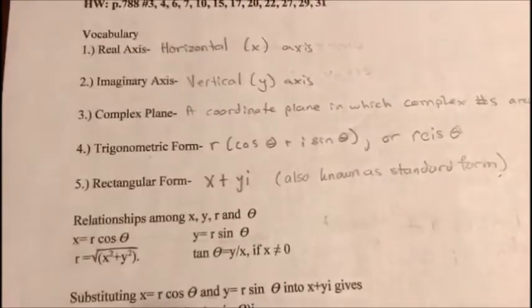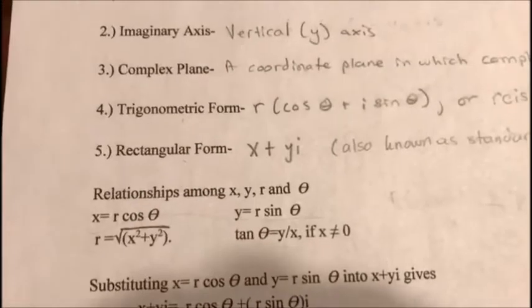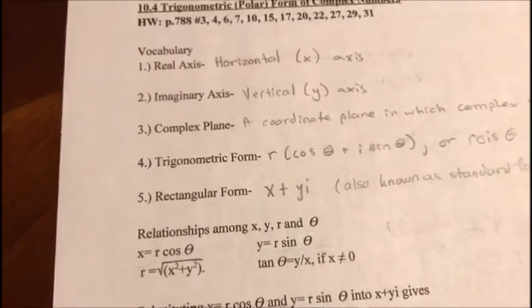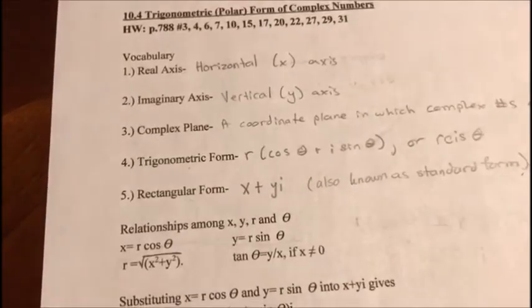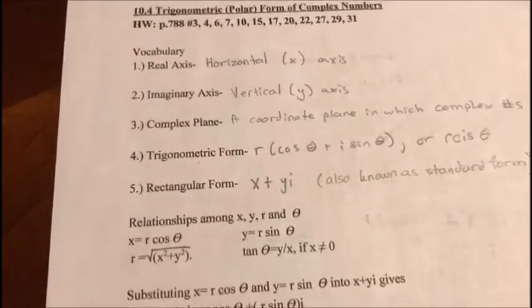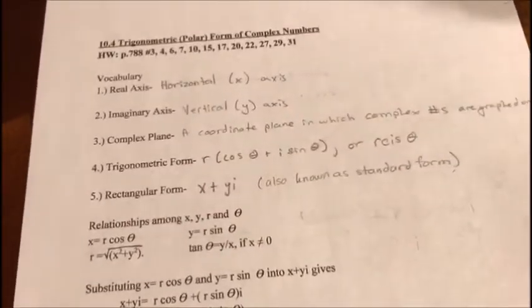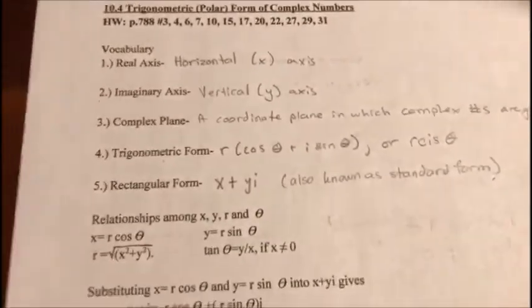Also, the real axis is the horizontal axis, and x is not being multiplied by an imaginary number, which makes it a real number. This is why they have it as the real axis and imaginary axis. It helps you understand how to graph and what to graph where. But generally it makes sense. You graph the x and the x and the y and the y, but imaginary and real help you understand it.